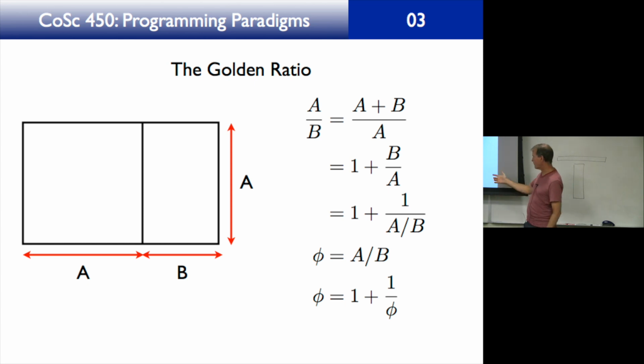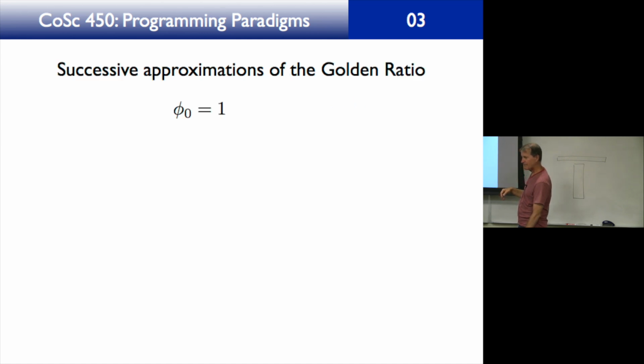But what does this say phi equals? 1 plus 1 over phi. So how will we get phi sub 1? Well, not phi sub 0. It will be what?